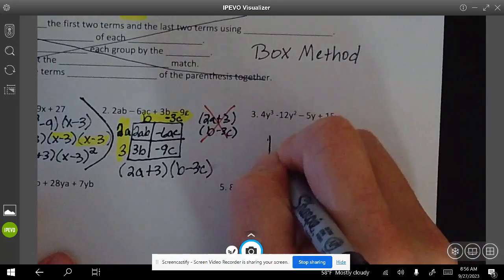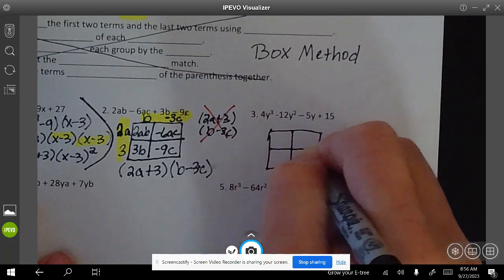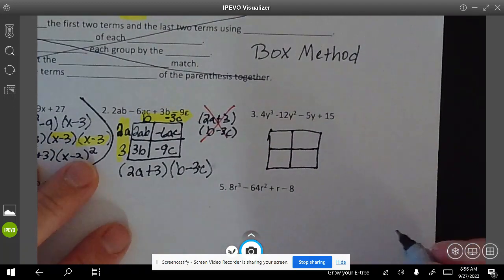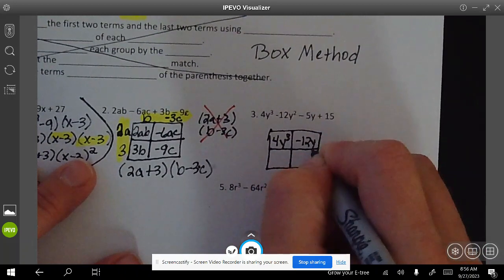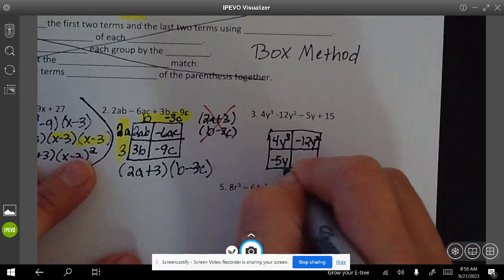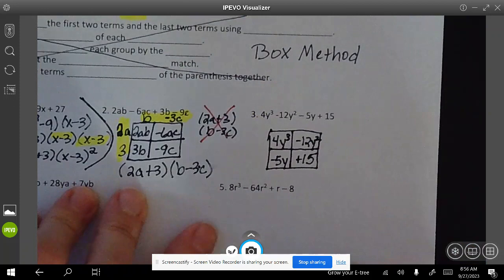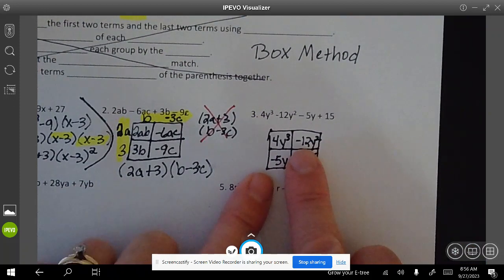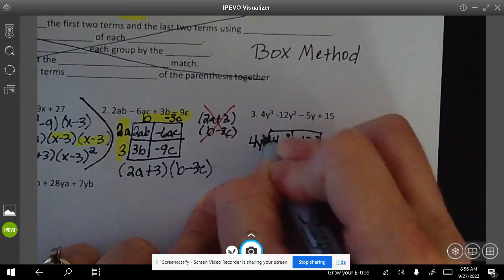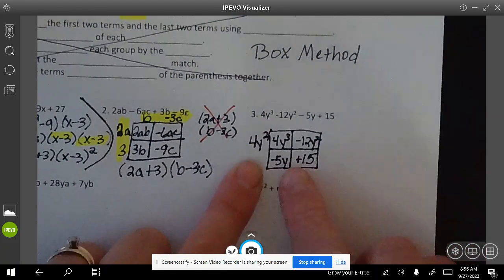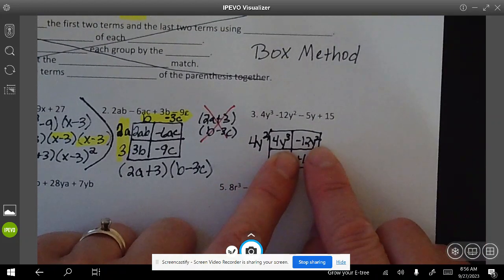Okay, let's look at number 3. We're going to draw our box. And inside the box, we put all 4 terms: 4y cubed minus 12y squared minus 5y plus 15. Then you ask yourself across the top, what is the greatest common factor? Well, it is 4y squared. 4 is the greatest common factor of 4 and 12, and then your smallest exponent on a y is y squared.